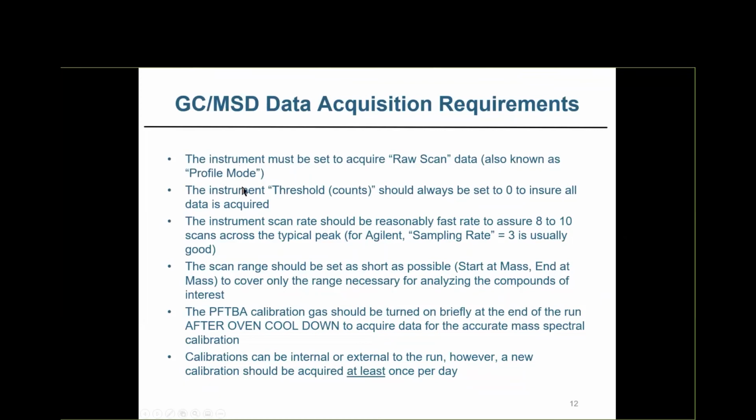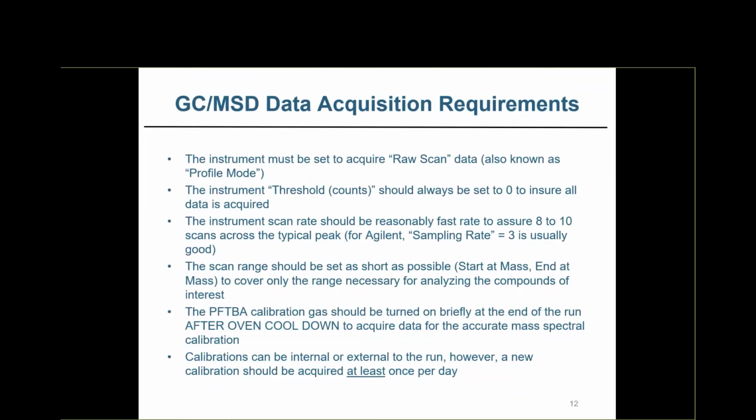The instrument threshold counts: a lot of instrument vendors will apply a filter so that any signals below a certain threshold are automatically zeroed. It makes the spectra look better, especially in centroid mode.